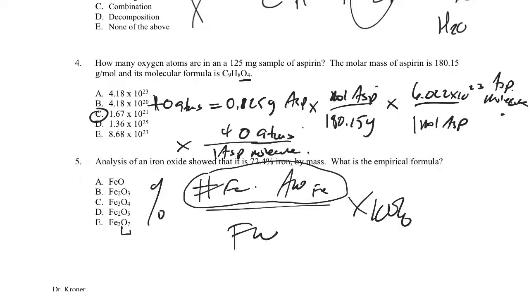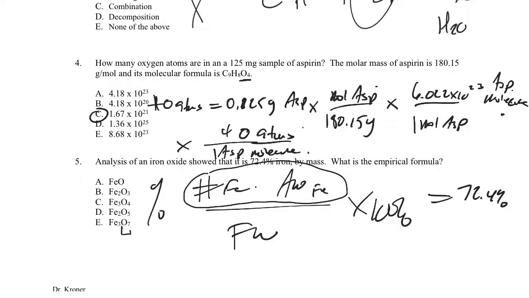We could also maybe try to be slightly more thoughtful, that when we're given this is 72.4%, maybe we could work out some bit of the ratio of irons to oxygen. So we could work out the percent by mass of iron for all of these and see which one matches.